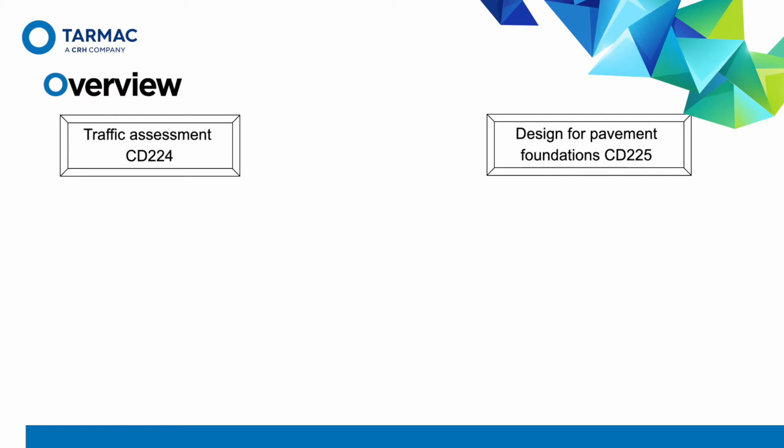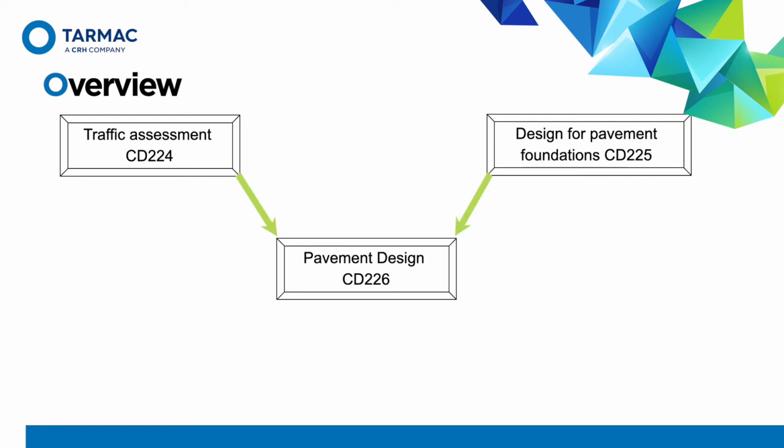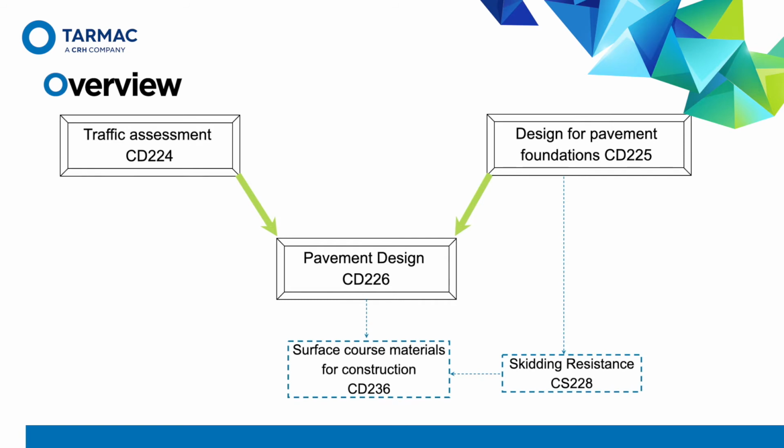The outcome from the two designs goes into CD226, which is the pavement design, which covers the calculation of the total thickness required for the pavement. It should be mentioned that skid resistance and the surface course requirements are part of the process. However, they are not included in this presentation, but are available in CS228 and CD236 respectively.